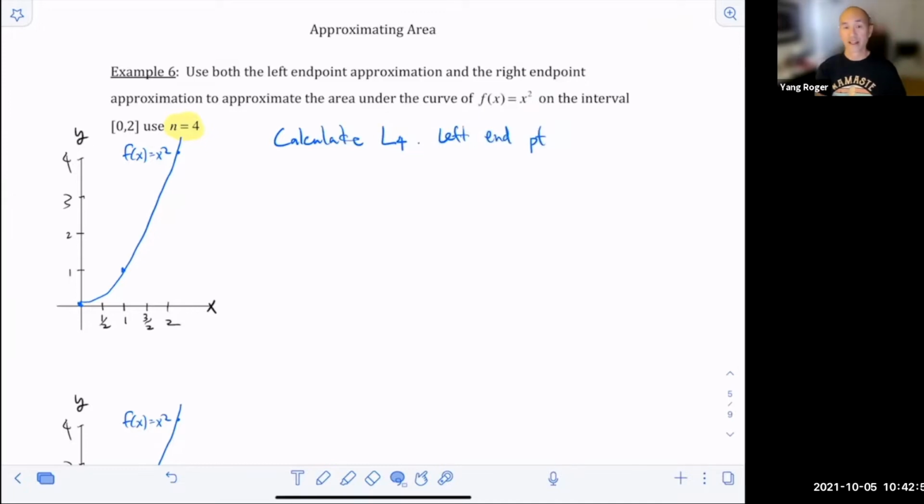The first thing that we need to do is calculate what delta x is going to be, the width of each rectangle. So delta x is equal to b minus a over n.